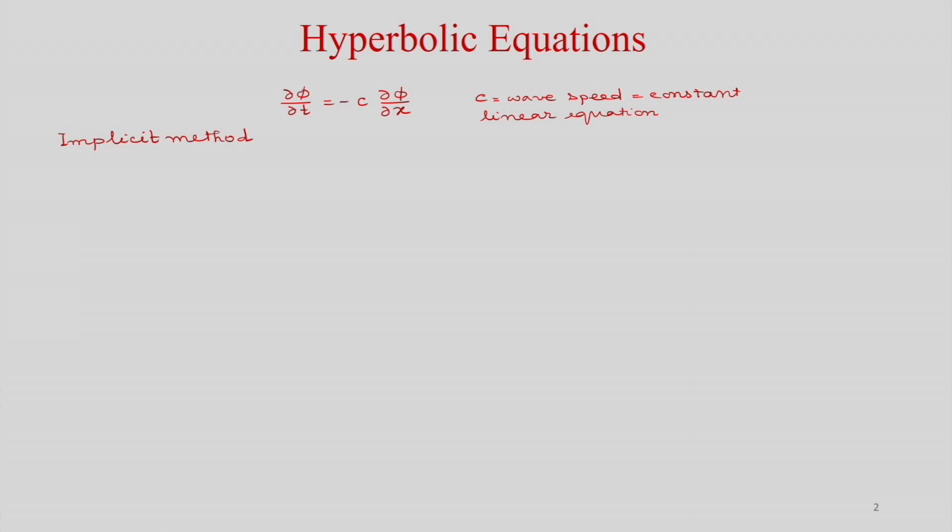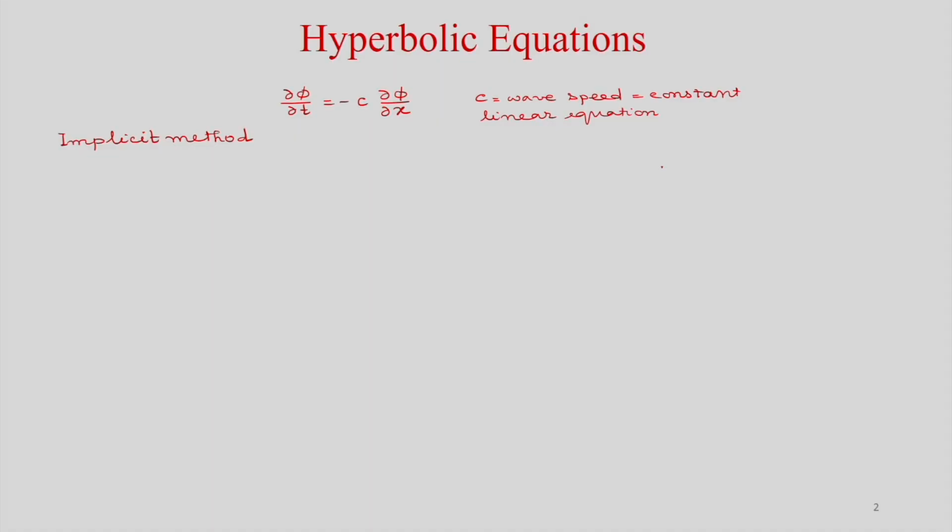So, as you know, in the implicit method there will be more than one unknown. So, we will consider the grid points I plus 1, I minus 1 and the dependent variable phi I plus 1 and phi I minus 1, and uniform step size delta x.